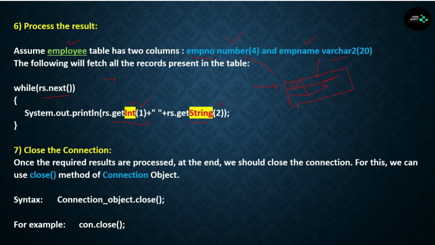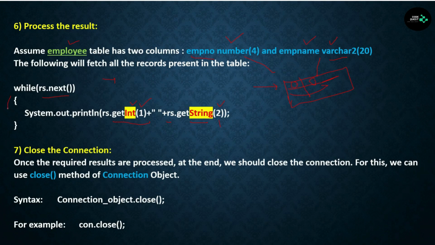I'm writing int because this column is a number type. And to fetch the second column value in the same row, I can use rs.getString of 2. This 2 indicates column position 2. I'm writing string because this column represents a varchar.